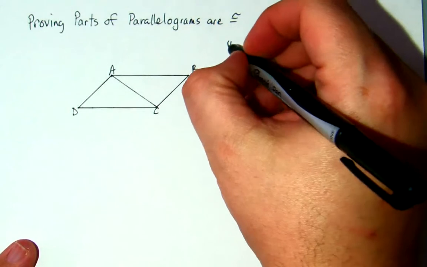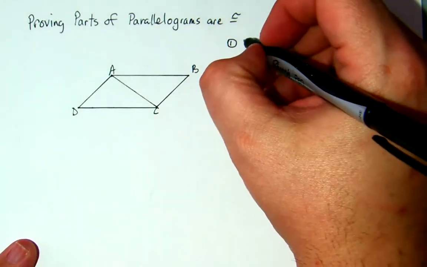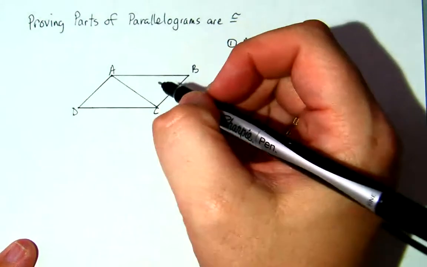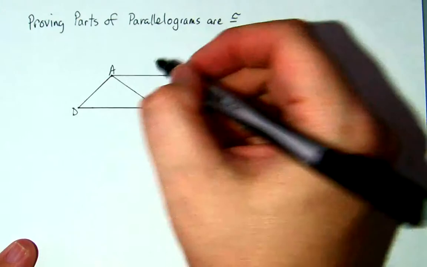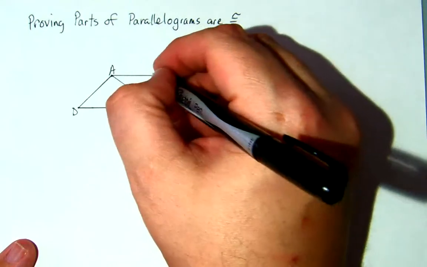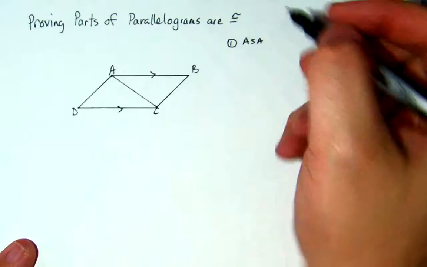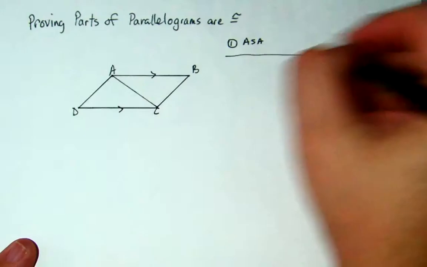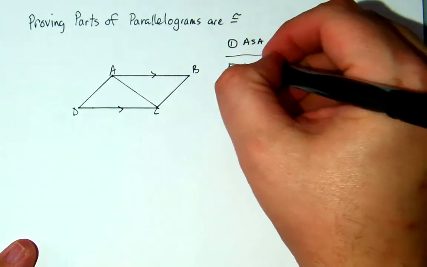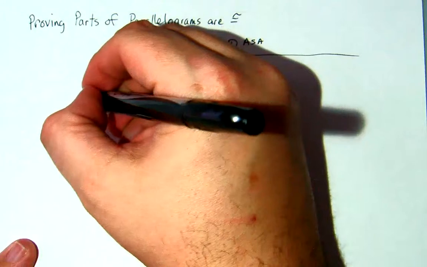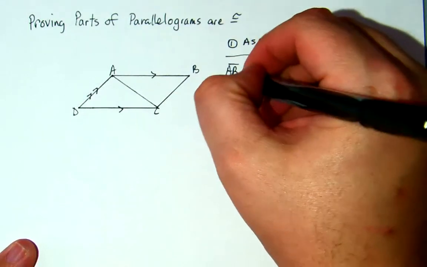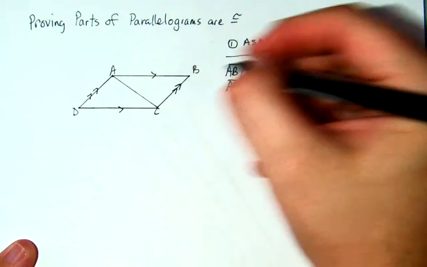One way is angle side angle. In order to do that, what we would need is to recognize the fact that since ABCD is a parallelogram, segment AB is parallel to DC, and AD is parallel to BC.